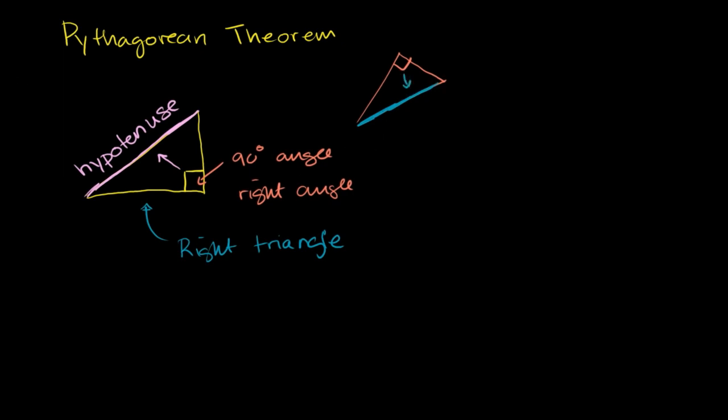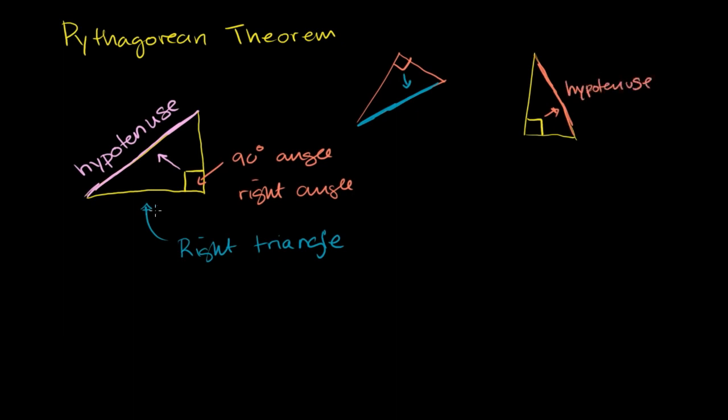It is the longest side. Let me do one more, just so that we're good at recognizing the hypotenuse. So let's say that is my triangle, and this is the 90-degree angle right there. I think you know how to do this already. You go right, what it opens into, that is the hypotenuse. That is the longest side. So that is the hypotenuse.